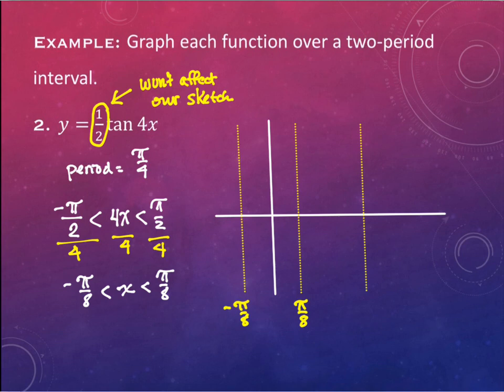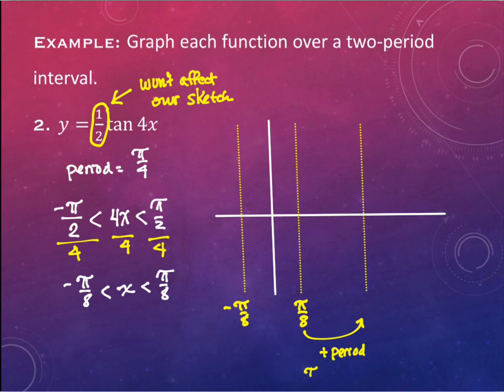How are we going to find this next one? Just add pi over 8. Close. We're going to add pi over 4. So Olivia Grace, why are we adding pi over 4? Where'd you get that? The period. It's the period. So we have to go back up to the period to figure out how much we're adding. Okay? So to get from here to here, we're going to add the period.